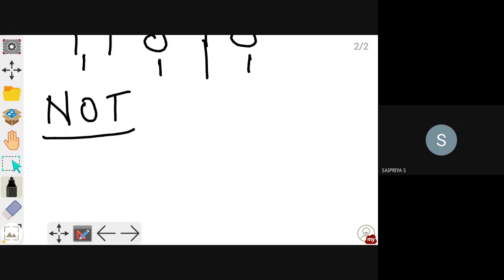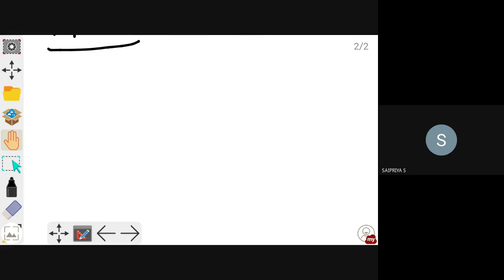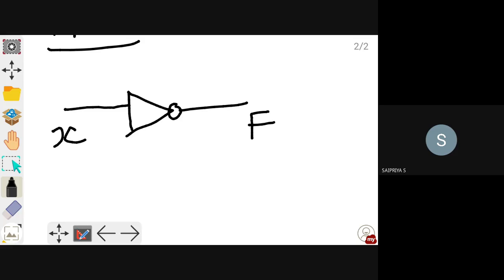So next is the NOT operation, the NOT gate. For the NOT gate, you will have only one input. So X is the input for F. So F is equal to X bar.